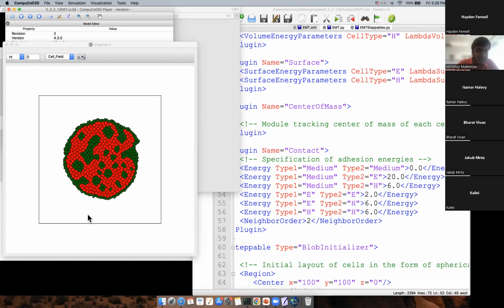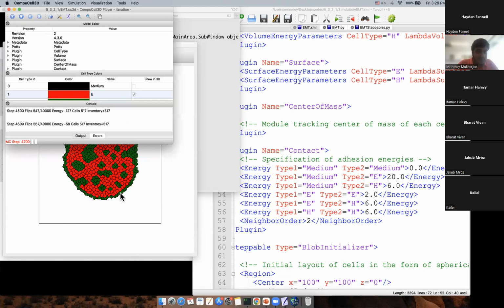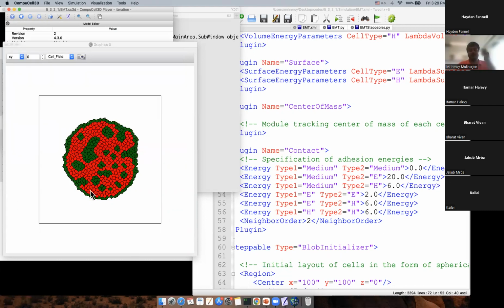So you are not seeing any dissemination, right? But one thing you can see here is some kind of sorting behavior. It is partial sorting. Sorting means one kind of cell will go to the boundary and the other will be in the core. Here the green cells like the medium more compared to the epithelial red cells, so that's why they are going towards the boundary.